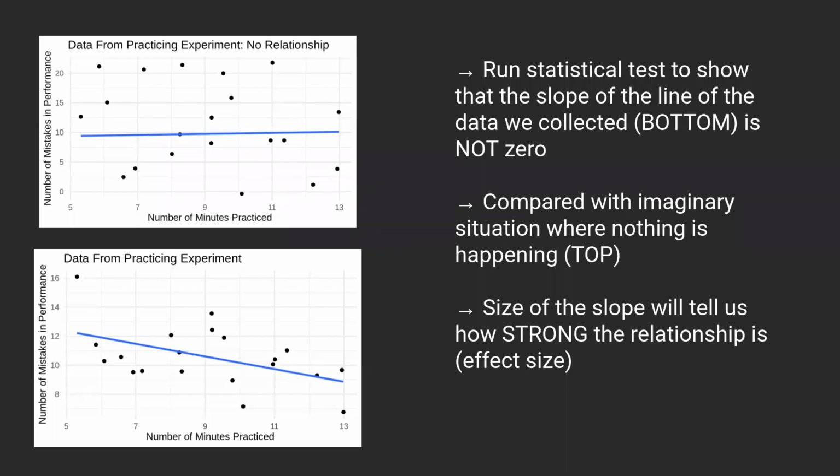Even stronger correlation. Yep, stronger coherence. Alex, great. As time practiced had a strong impact on errors made. Great, good. So what it would mean is that practicing is very effective. The more you practice, the fewer errors you make. If it was a super strong relationship, you would imagine it would be almost vertical going down, meaning that with only a little bit of practice, you're able to reduce the amount of mistakes that you make in a performance down to 0.